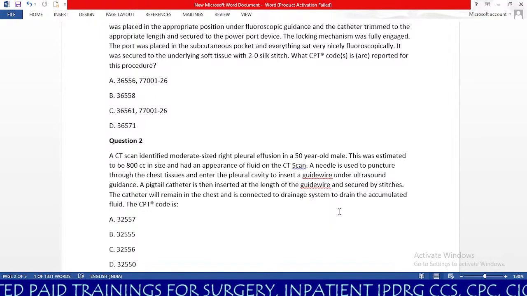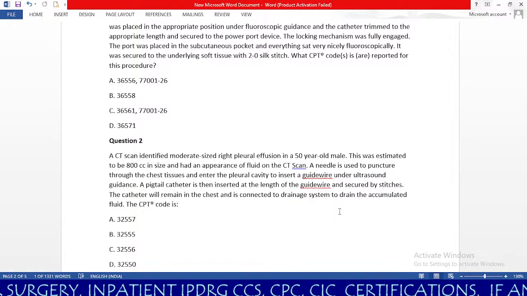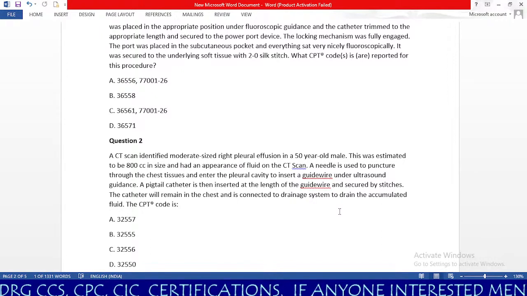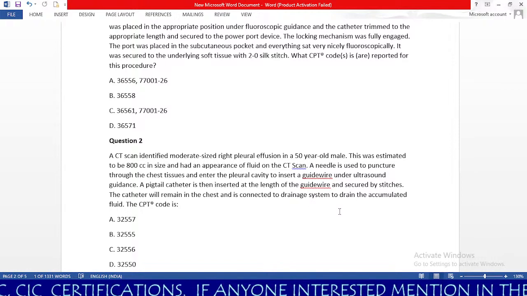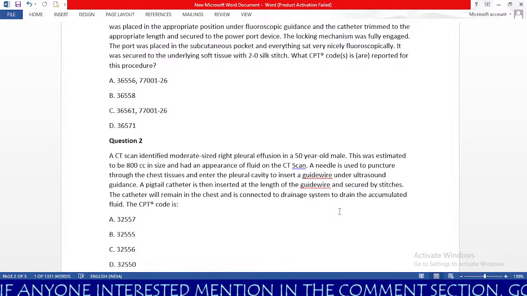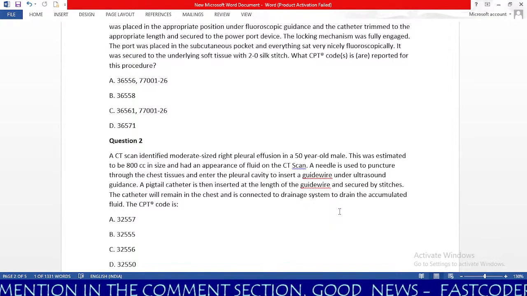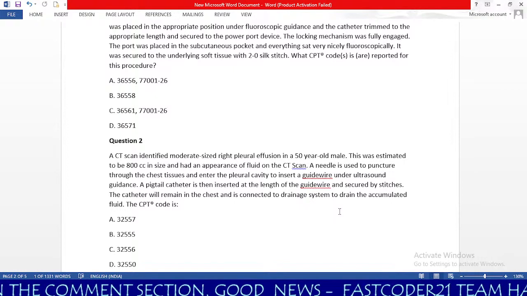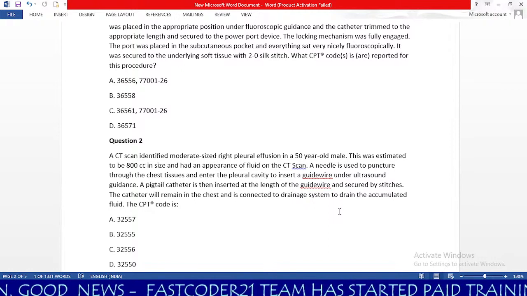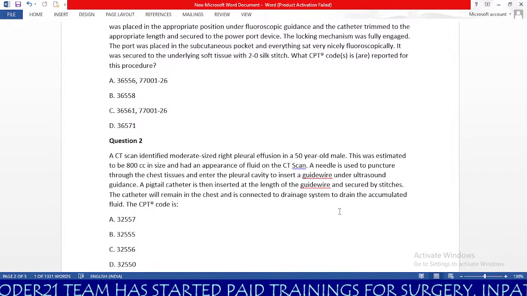We need to check the keywords properly in order to code properly. So first try to find the keywords, then choose your answer.